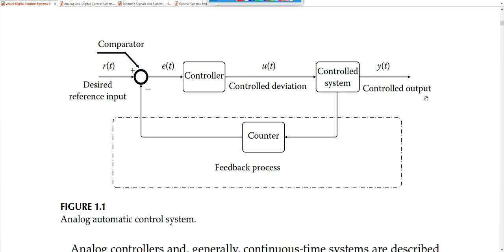You should have a target output, but for feedback you have a feedback loop, which in this case is a counter. This counter gives a feedback signal to your input entering a summing junction or comparator. That is fed to the controller, then to the control system. If your target output is achieved, there will be no more feedback input here.